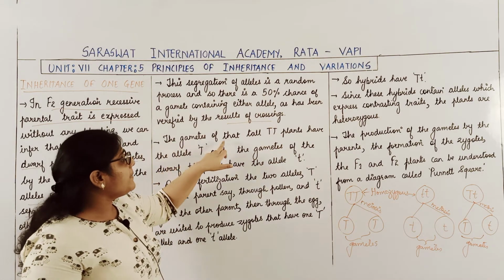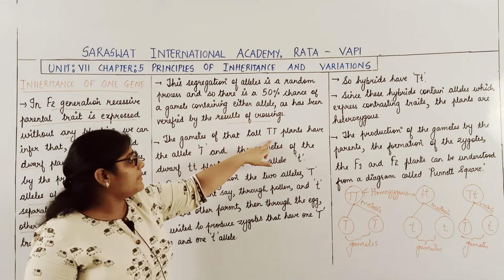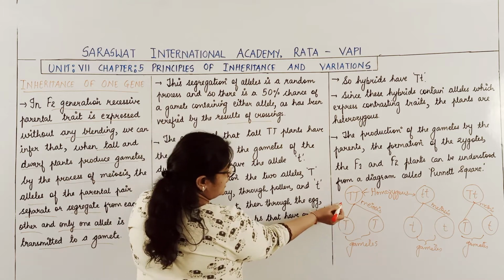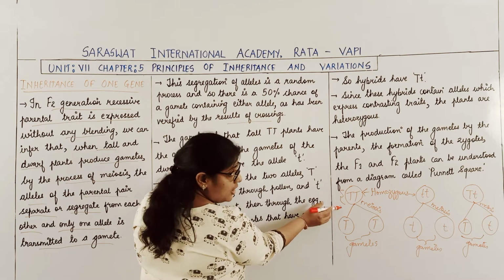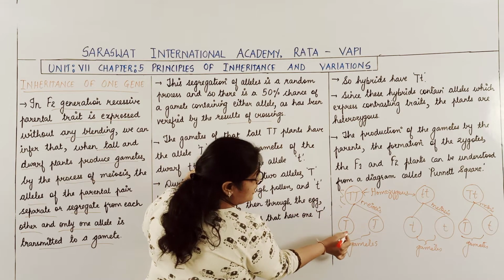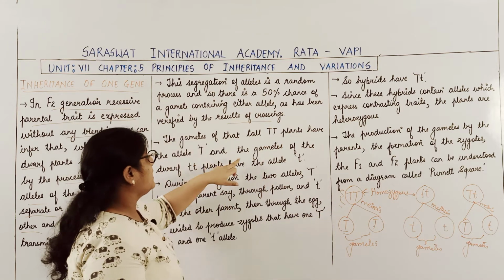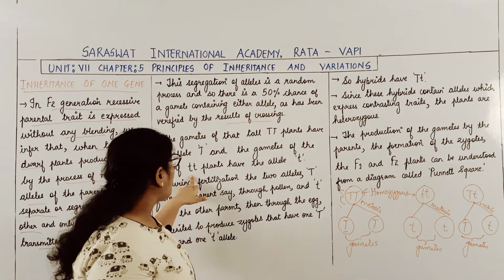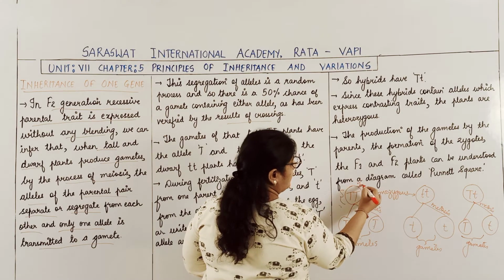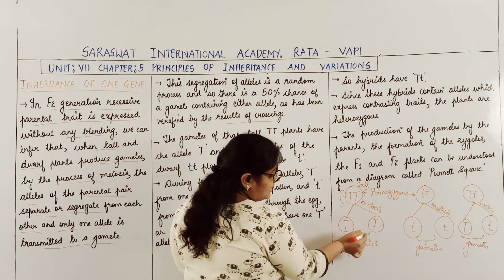The gametes of all tall plants have the allele capital T. So here you can see these are the homozygous tall plants. Now their gametes have which alleles? They have the allele capital T. And the gametes of the dwarf plants. So now this is a tall plant whose all gametes contain which genes?